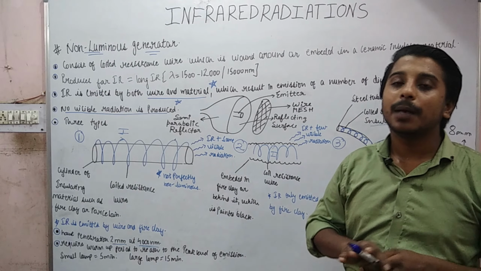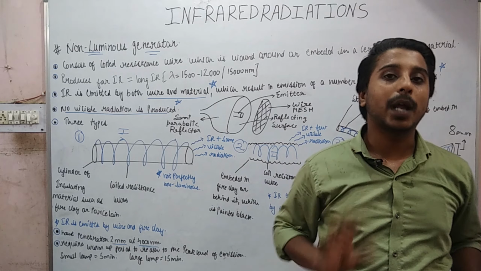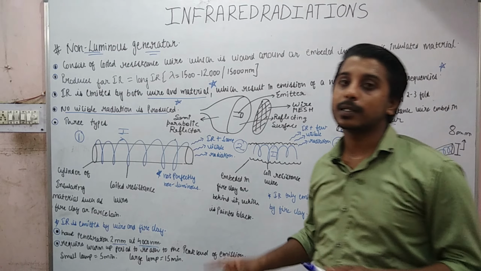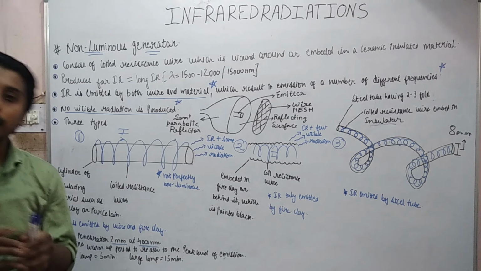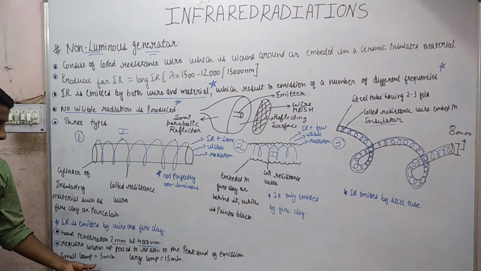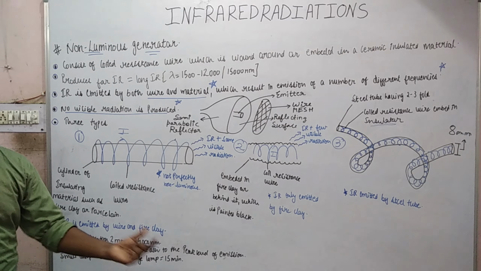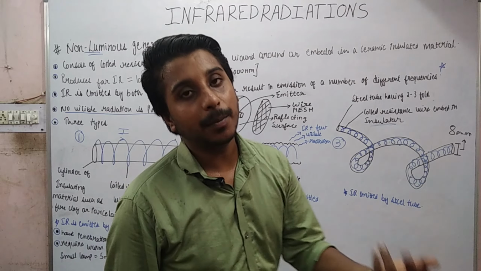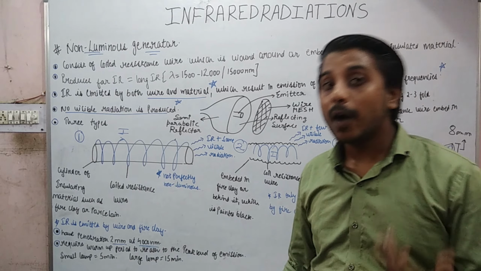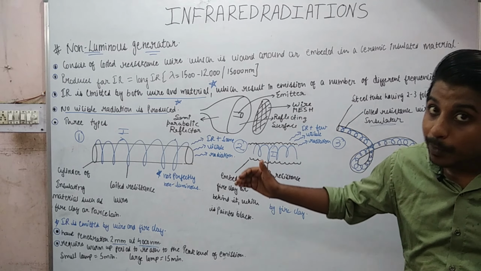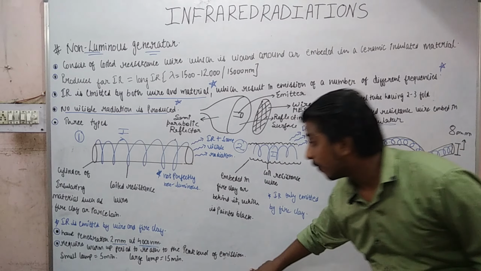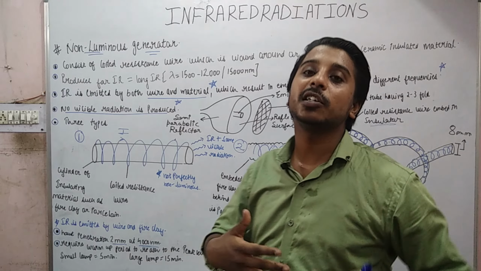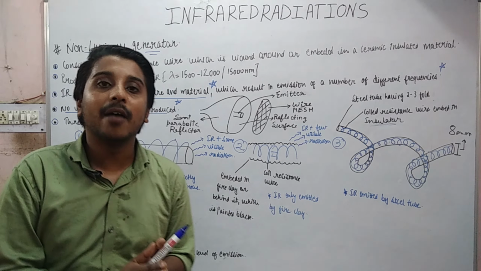The luminous lamps are simple, just switch on and apply, but these non-luminous lamps require a warm-up period, which is 5 minutes for small lamps, and about 15 minutes for larger ones. Why? So that the non-luminous lamp can reach the peak level of emission.